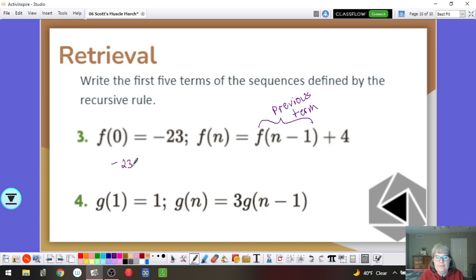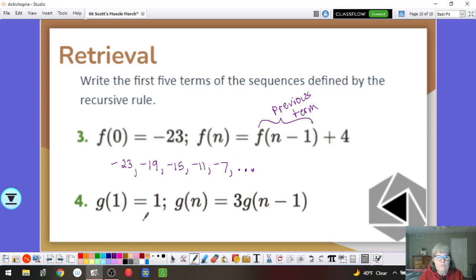So if I have negative 23 and then I add 4, this is negative 19. Add 4 again and we have negative 15. Add 4 to that, we have negative 11. Add 4 to that, we have negative 7, and the sequence would go on. But we're just being asked to give the first 5.